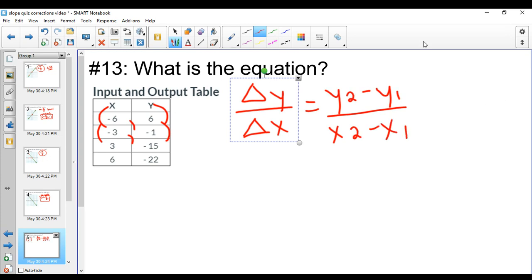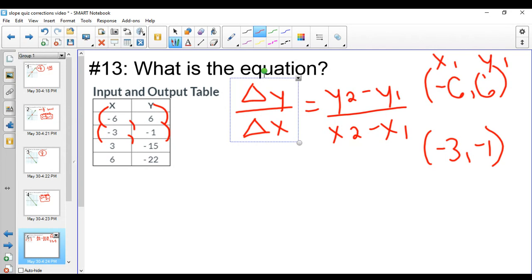So if we're using that format, it's helpful to label the pieces of your ordered pair. So let's come over here and do that. So -6, 6. So this would be x1, and this would be y1. And then if the other ordered pair we use is -3, -1, this would be x2, and this would be y2.